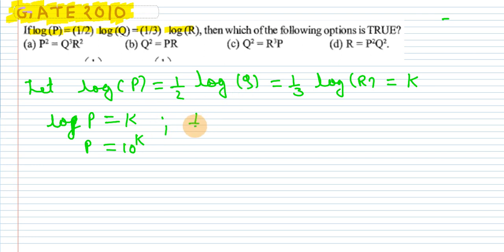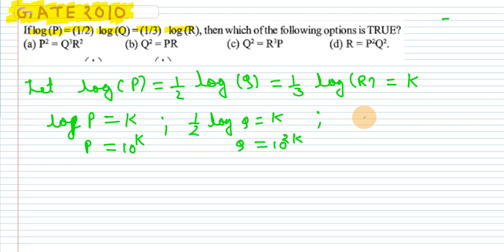So 1 by 2 log q equals k. If we take the 2 to the right hand side, it becomes 2k, and taking the log to the right hand side, it becomes 10 raised to the power 2k. So we get the q value equals 10 raised to the power 2k.